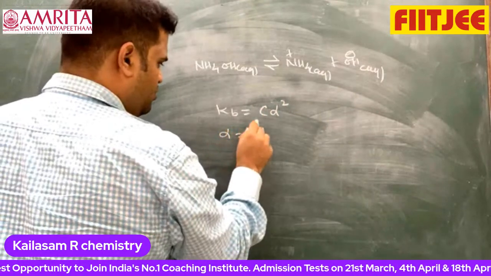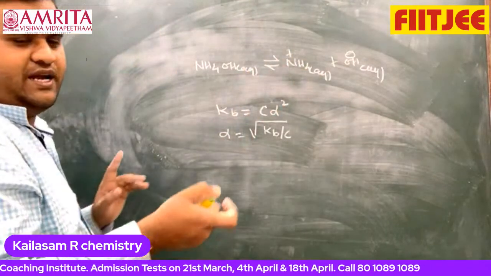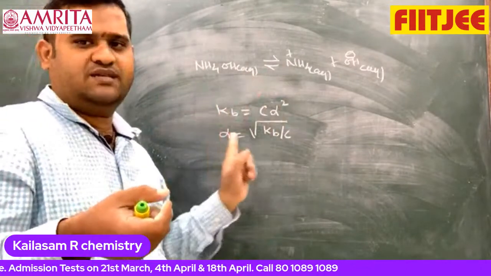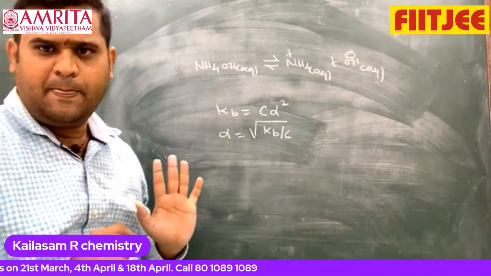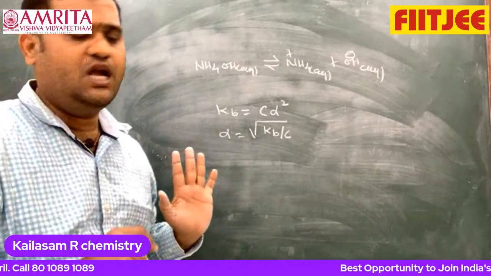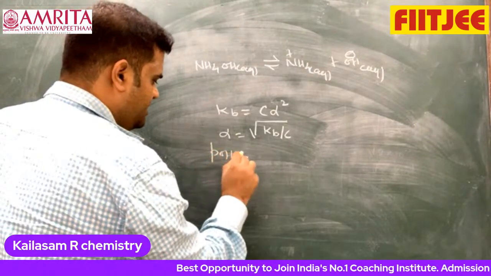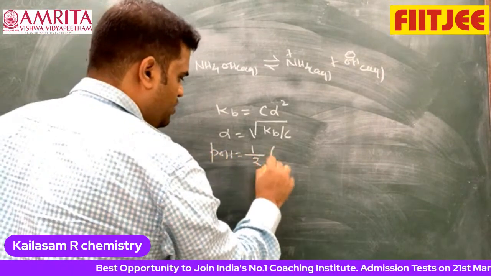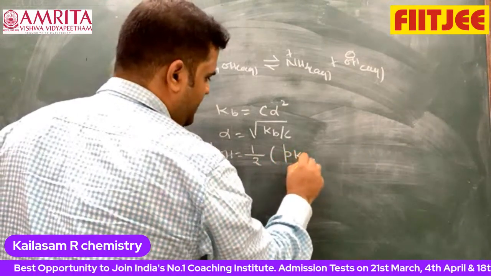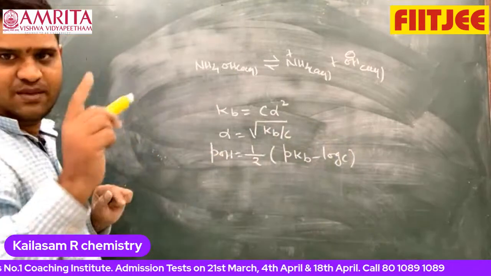Therefore alpha is equal to root of Kb by C. Same logic only, because Kb is the base dissociation constant. Now we can write pOH is equal to 1 by 2 pKb minus log C.